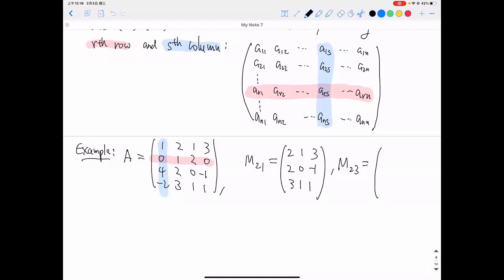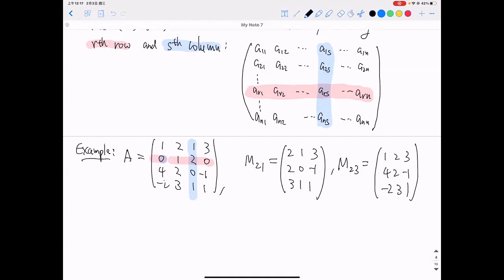For M23, I still want the second row out, but now I want to keep the first column and I want the third column out. So this one is out. That's left with 1, 2, 3, 4, 2, minus 1, and I think minus 2, 3, 1.